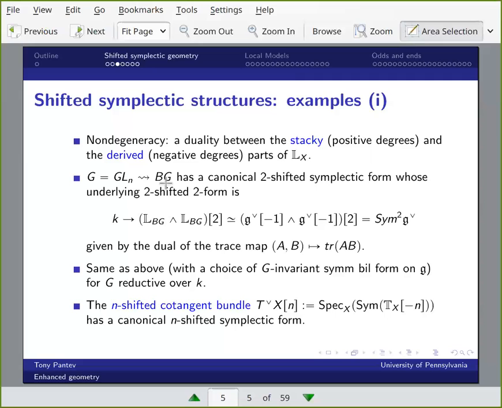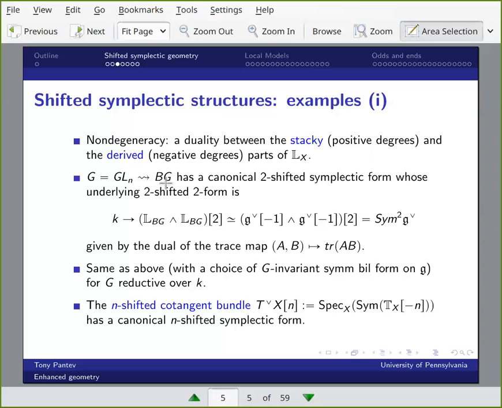And this non-degeneracy is actually very important because it identifies the two new pieces of information in the geometry. If you have stackiness or extra nilpotence derived structure on your space, this non-degeneracy identifies the stacky directions in the cotangent complex with the derived directions in the cotangent complex.